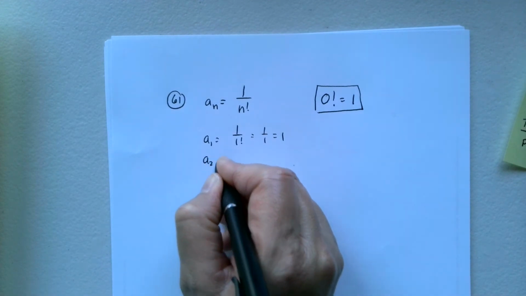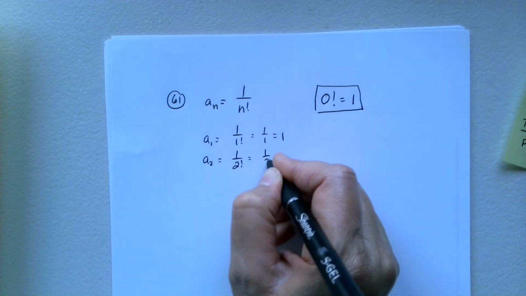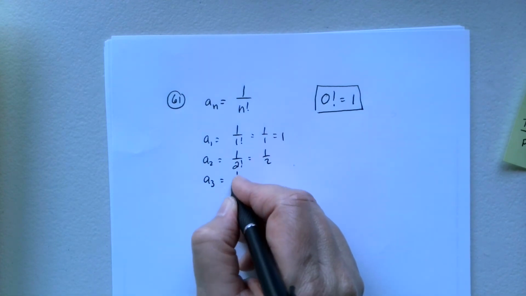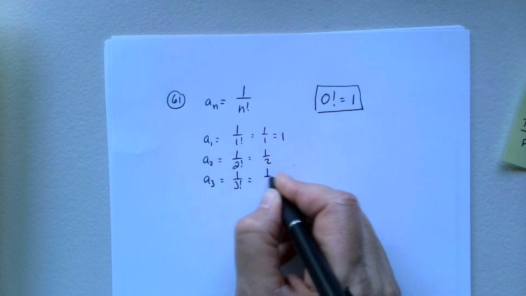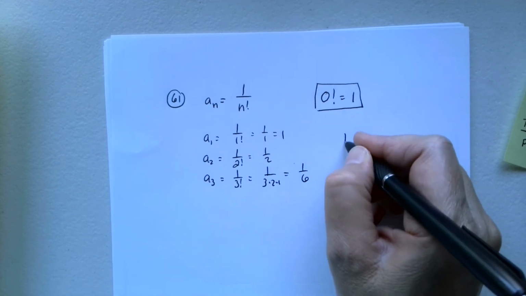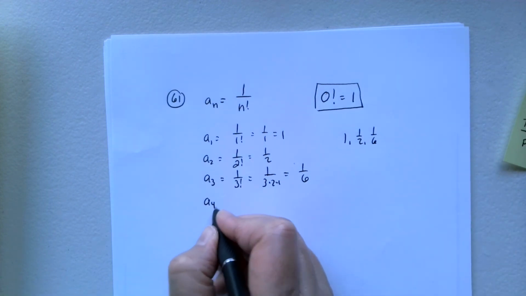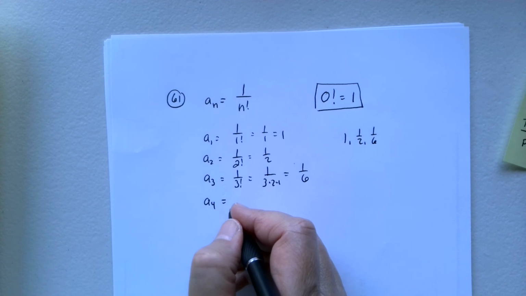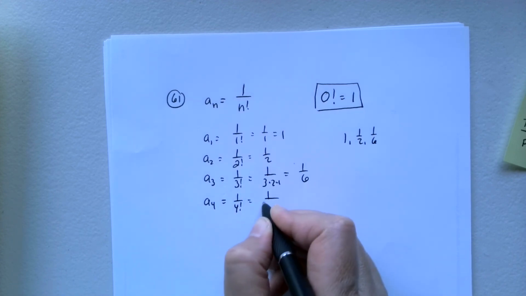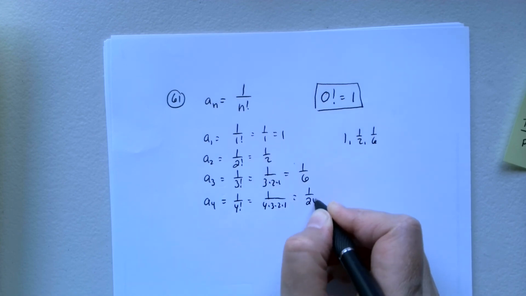All right, let's go back to number 61 here. The second term would be 1 over 2 factorial. It's going to be 1/2. And the third term is 1 over 3 factorial. So 3 times 2 times 1 is 6. So I've got 1, 1/2, 1/6. The fourth term is 1 over 4 factorial. So 4 times 3 times 2 times 1 is 24, so 1 over 24.